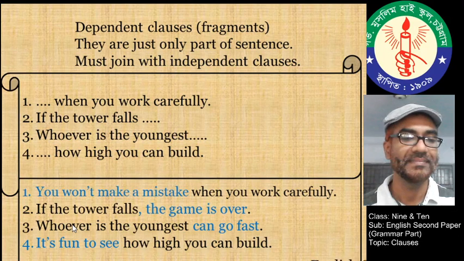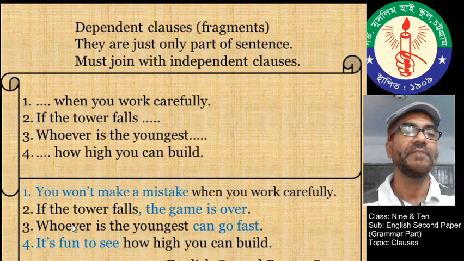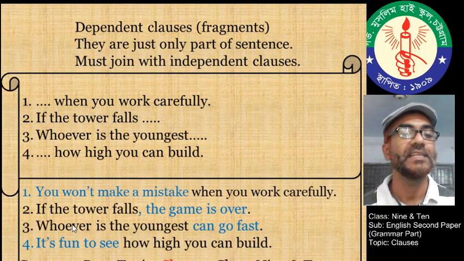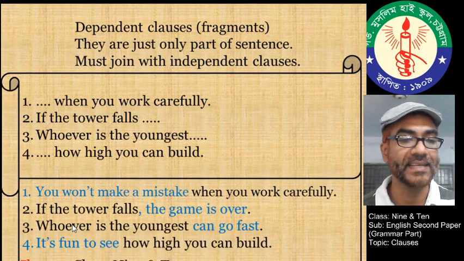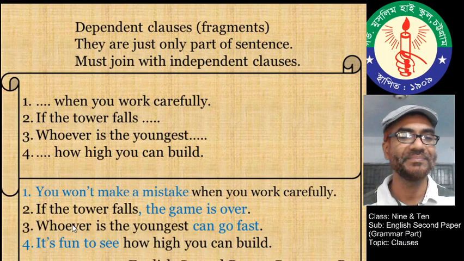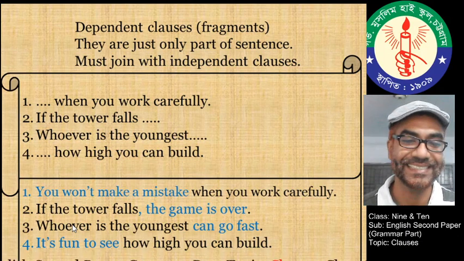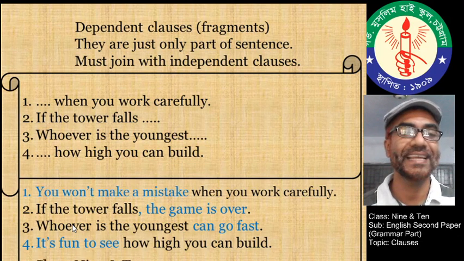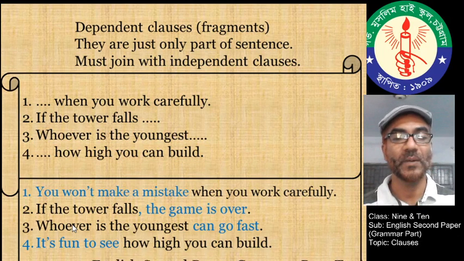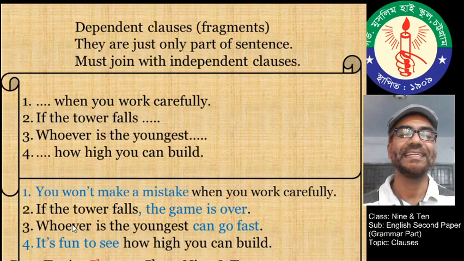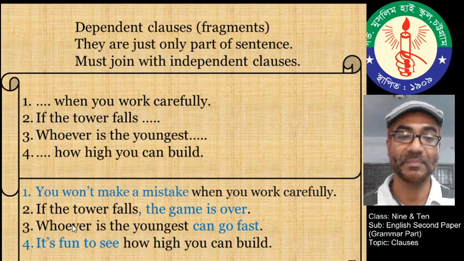First one, if you join an independent clause here, such as "you won't make a mistake", with the dependent clause "when you work carefully", then it can be a complete sentence, and these two parts can now express the meaning by itself. So, you won't make a mistake when you work carefully. It has a complete sense. So it's now a complete sentence.